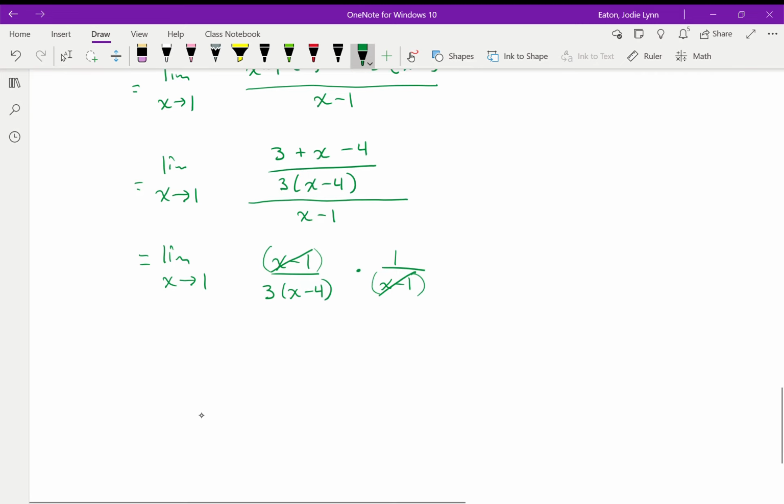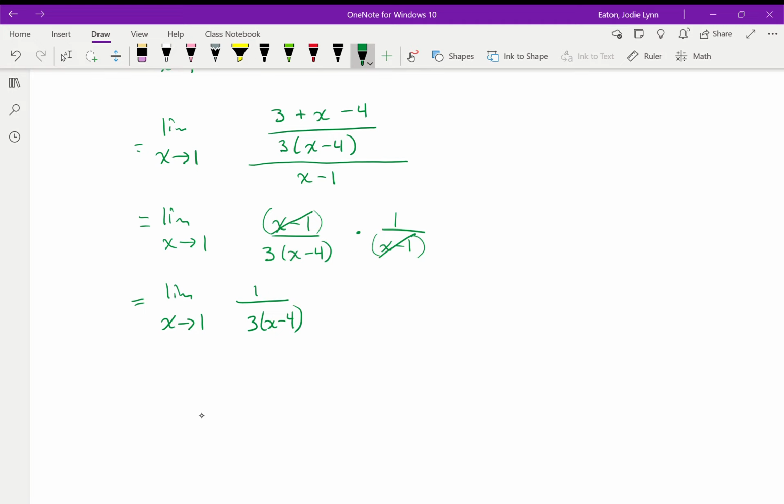So this gives me the limit as x approaches 1 of 1 over 3 times x minus 4. And when I evaluate this limit, this is 1 over 3 times negative 3, which is negative 1/9, when I plug in my 1. So that limit does exist.